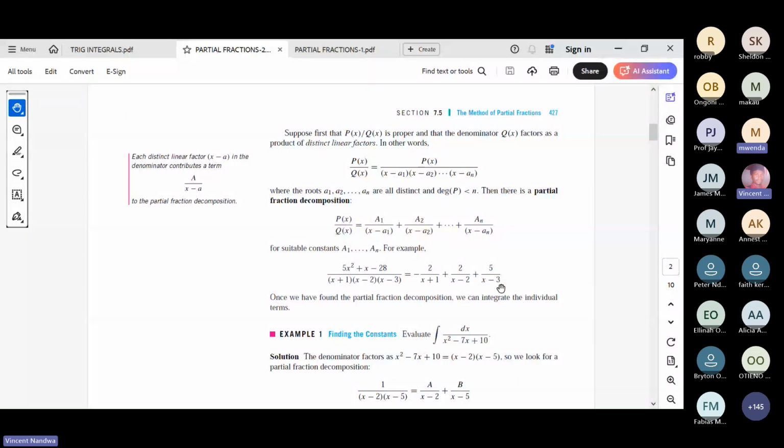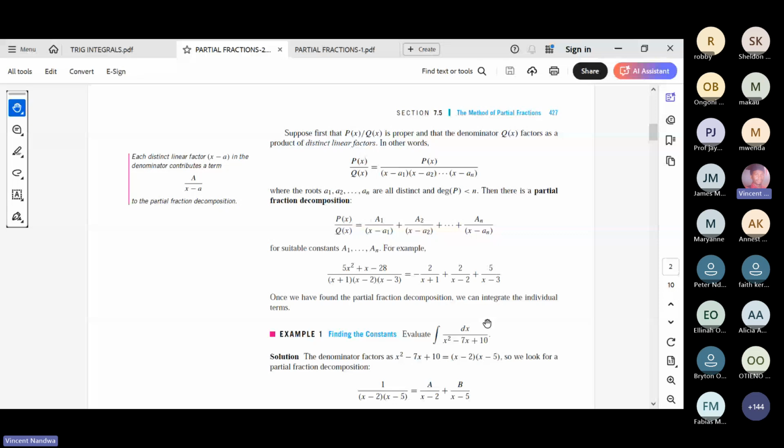The degree of the numerator is 0, because there's no x. This is the same as 1 times x to the power 0.